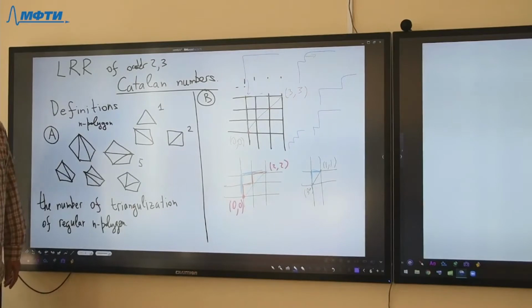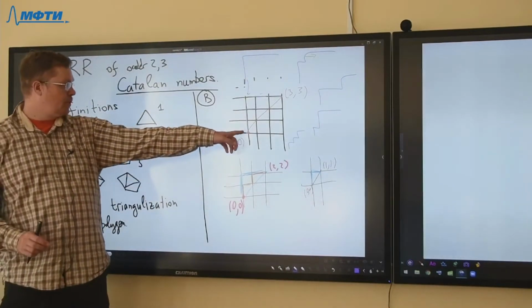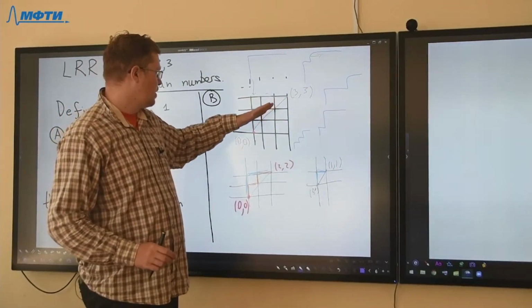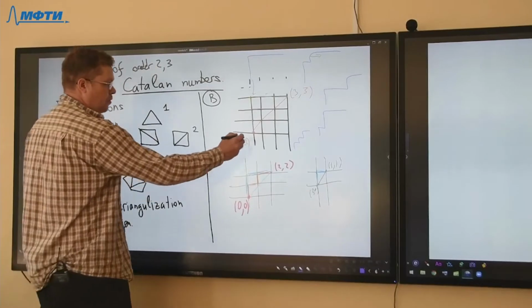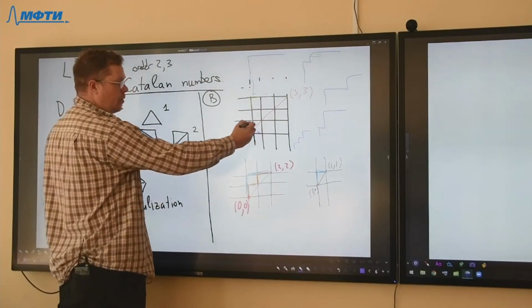So we should first go up. First, always go up, because all paths should be over the diagonal. You can't go right here, because it will be under the diagonal. I need to always be over the diagonal.